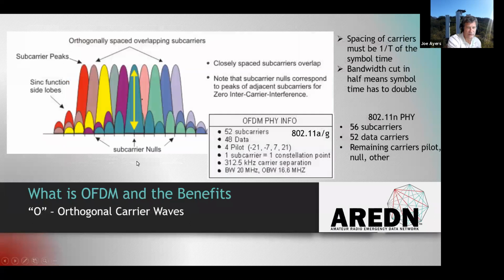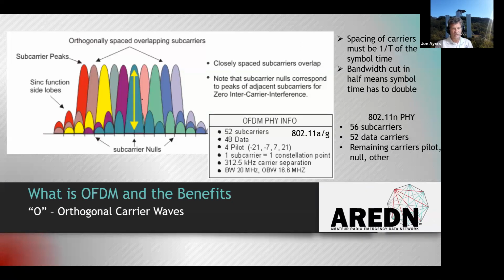Okay, moving along here. Let's look at what the OFDM, orthogonal frequency division multiplexing, is. That's the many carrier wave idea. Let's look at the O in OFDM. That means orthogonal carrier waves. Now, what does orthogonal mean? It means uncorrelated. It means they don't overlap.